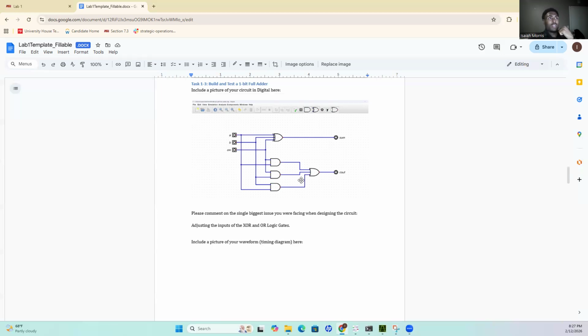So essentially, the logic gate combines two XOR gates, two AND gates, and one OR gate. Oh, my mistake. Three AND gates, one XOR gate, and one OR gate.